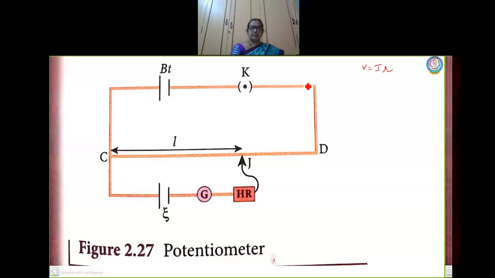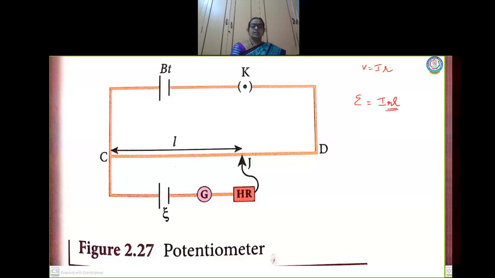Now let the length be L. The potential difference across this length will give the value of the EMF of the cell. So I can write psi, the EMF, is equal to I into rL, where r is again resistance per unit length.